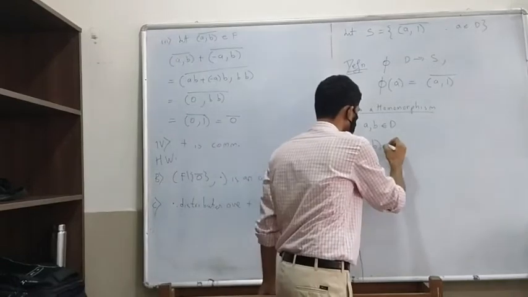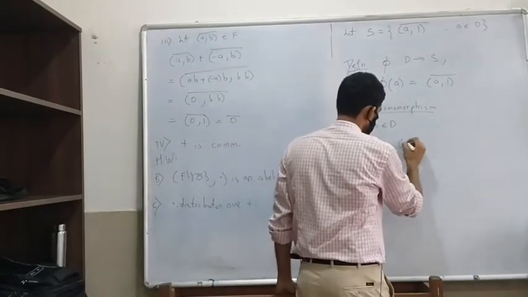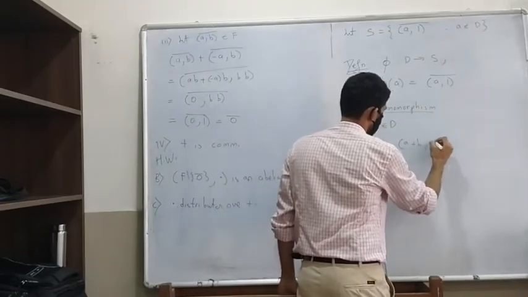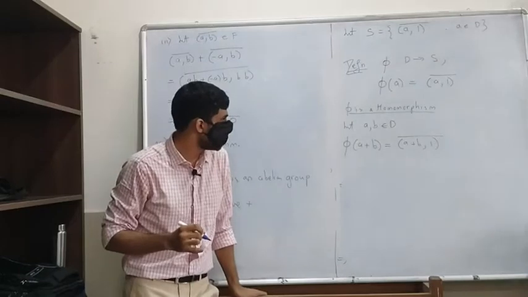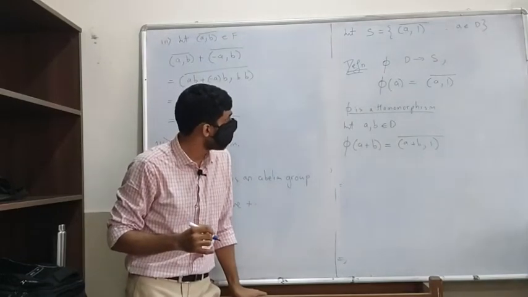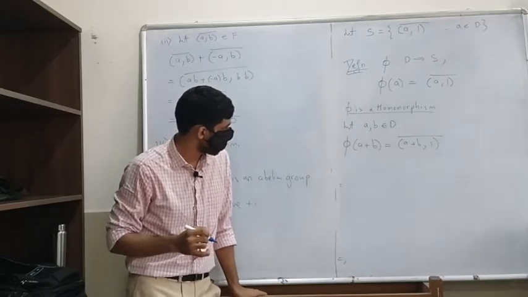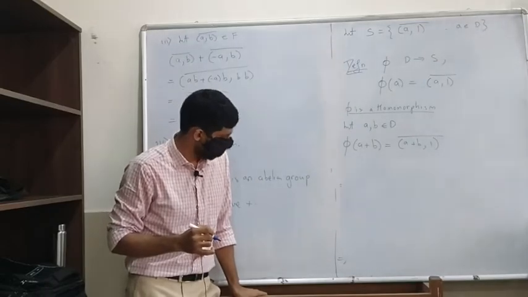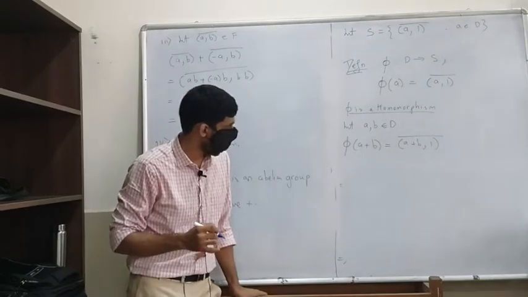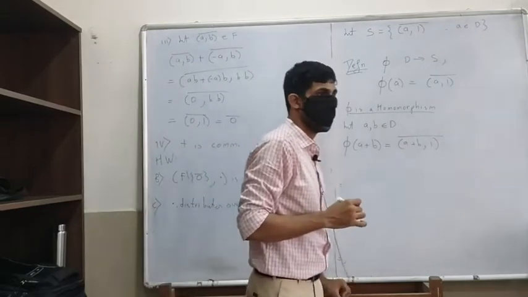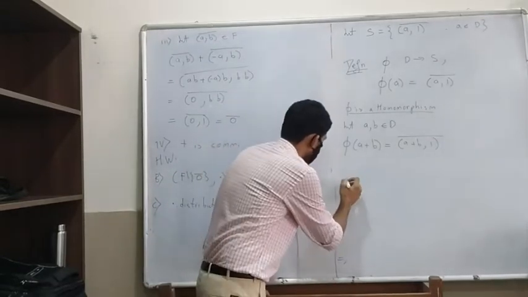By definition, it is (A plus B, 1) bar. What do I need to show that this is equal to? Phi of A plus phi of B, right? So let's compute what phi of A plus phi of B is.